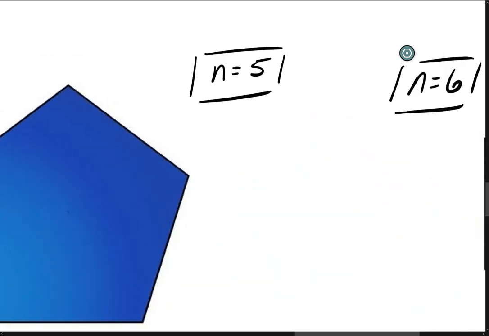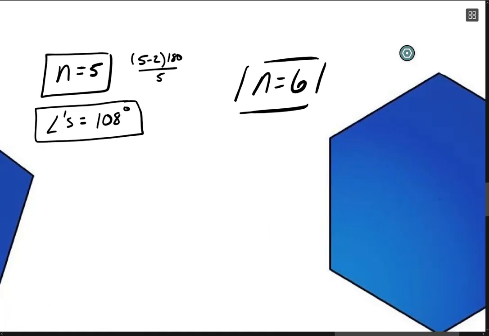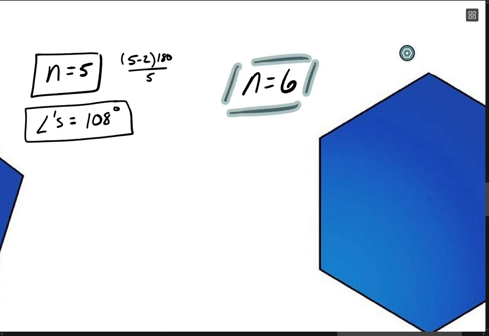Well, what about when n is 5? I'm going to do 5 minus 2 times 180 divided by 5. What do the angles end up equaling? Very good. When n is 6, it would be 6 minus 2 times 180 divided by 6.